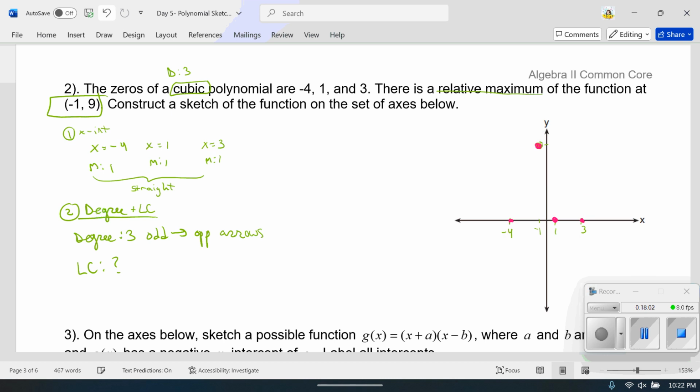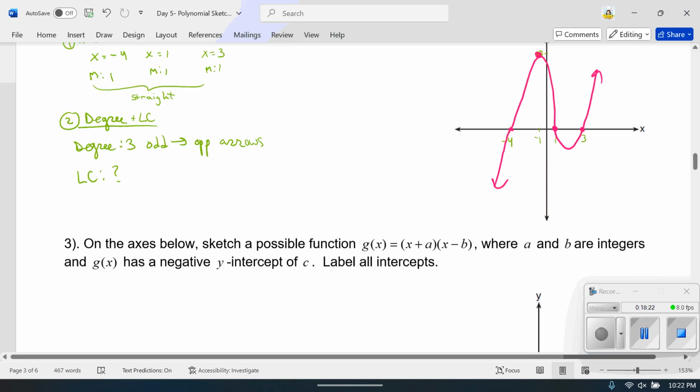So please be super careful how you draw. They will take off points if you're doing something other than what they said to do. And see how at the maximum, it's hard to draw, but I'm still trying to make everything a rounded edge. You're not making just a straight diagonal line. Anyway, that works for that one.